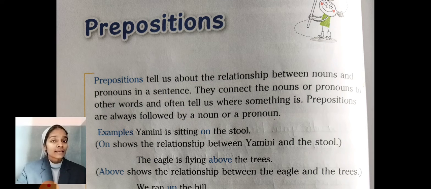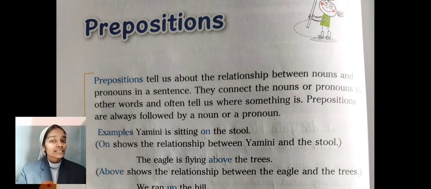They connect the nouns and pronouns to other words and often tell us where something is. That means it shows the position of any object. ऊपर है क्या, नीचे है क्या, अंदर है, बाहर है, बगल में है क्या, ये सब दिखाते हैं.